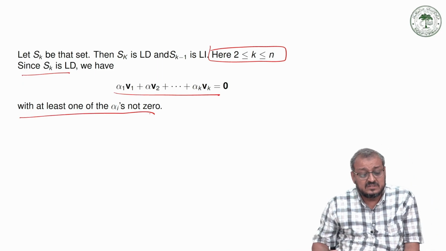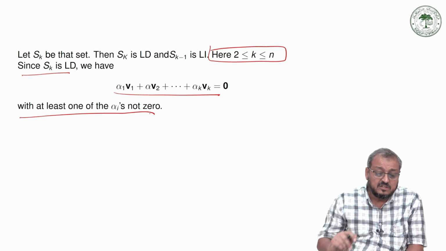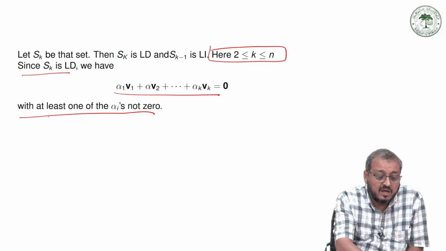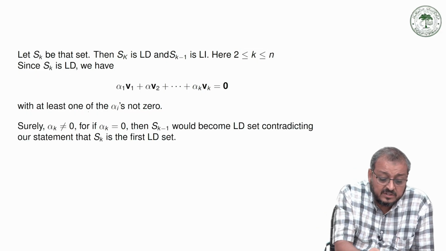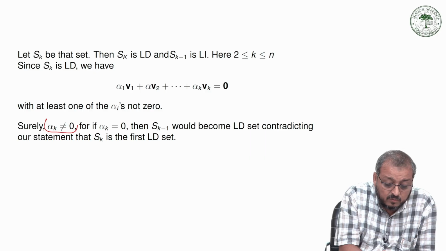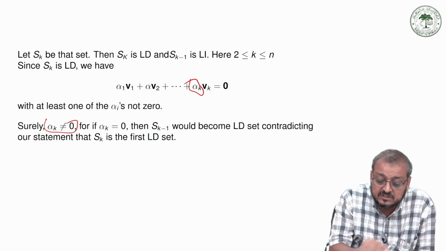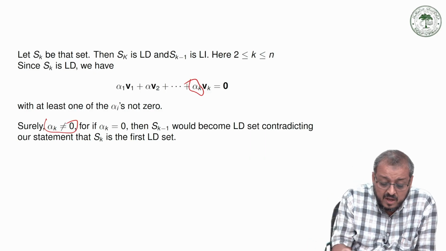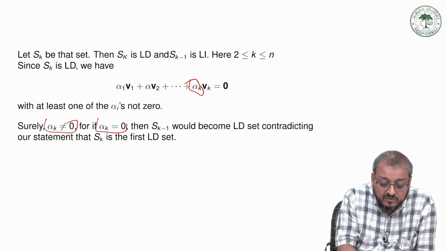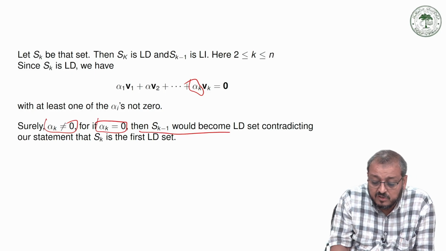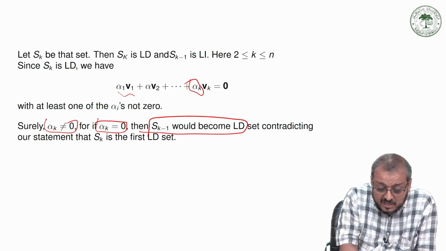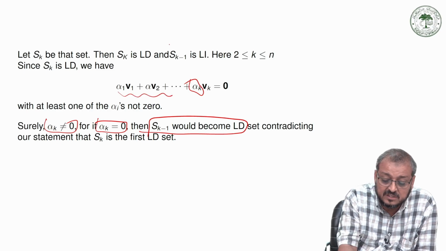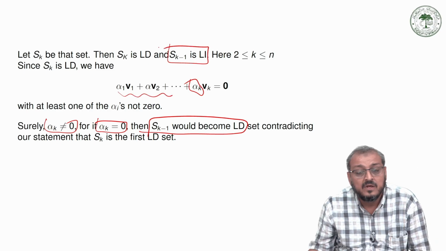Surely this is alpha k, which is not equal to 0 here. Why? If alpha k were equal to 0, then S(k-1) would become linearly dependent, but all the elements of the previous set S(k-1) are linearly independent.